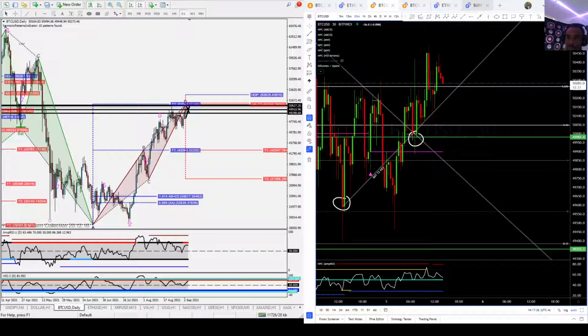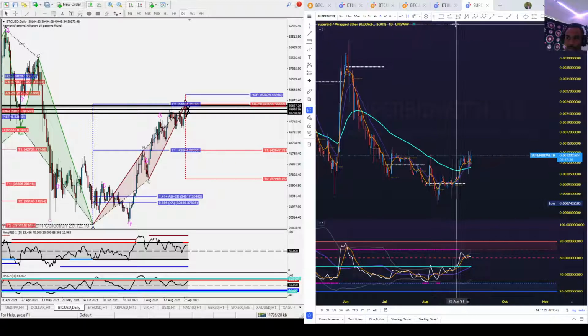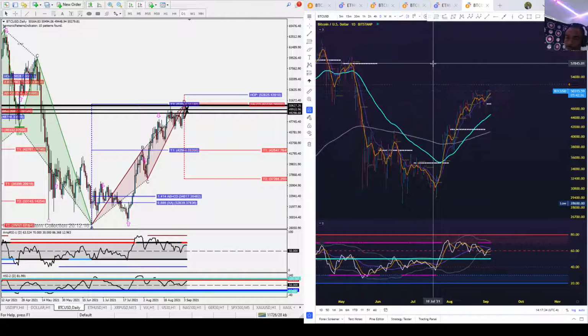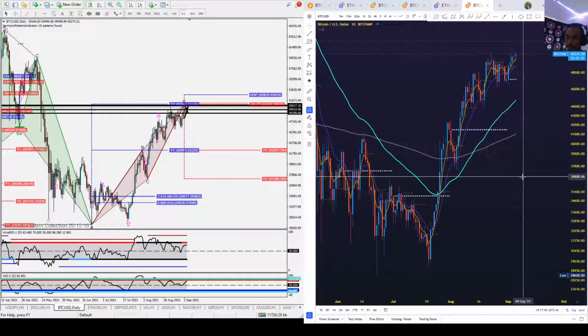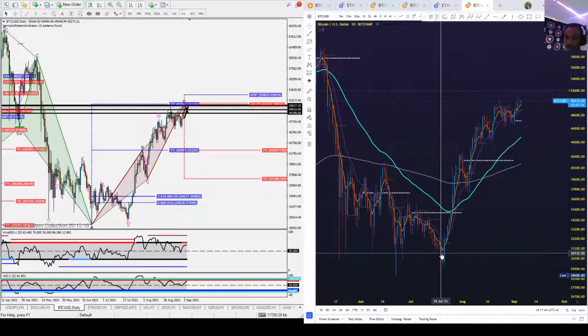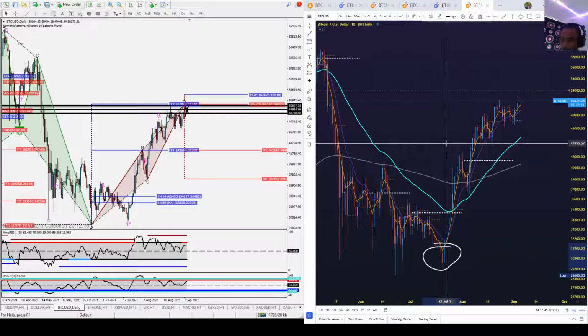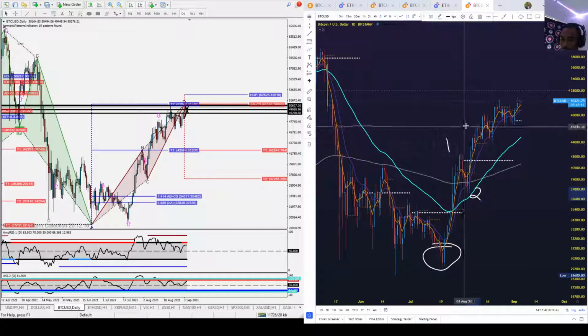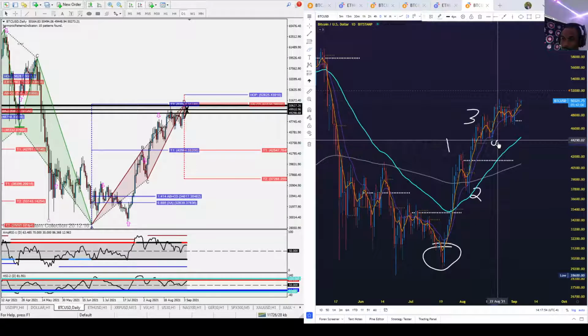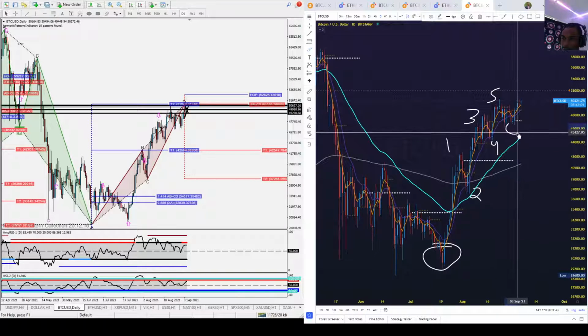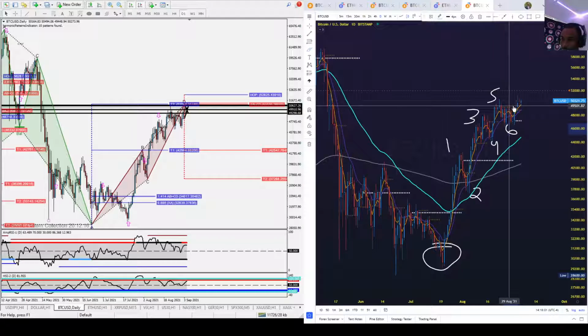Very interesting price range. I'm just now noticing Bitcoin. Here we go, this is the daily I'm on. And I see this sequence. This is our origin. We have our 1, the 2, looks like 3, extension 5, yeah, because that's an engulfing. 6 looks like it's closing above.